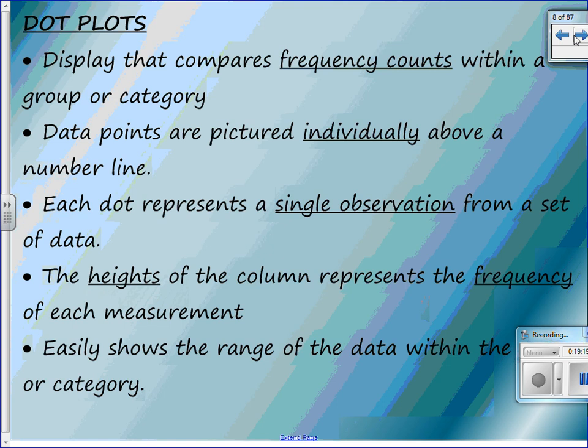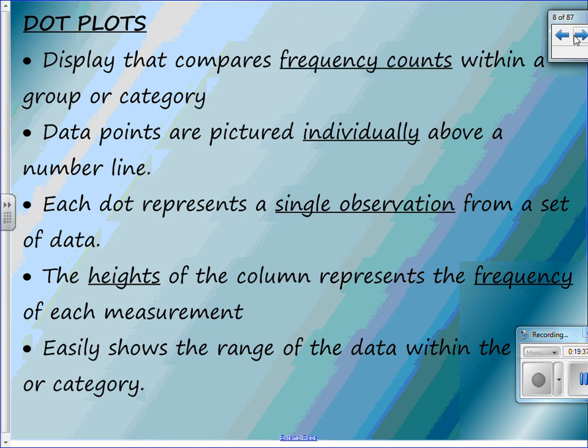Now, a dot plot is what you guys created yesterday. That is what you put with the particular beats per minute when we measure that. So an example of a dot plot is on the back of your sheet.